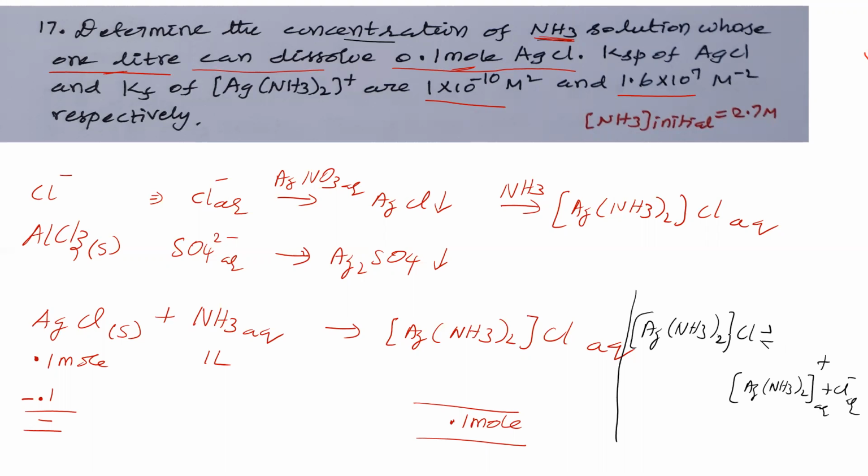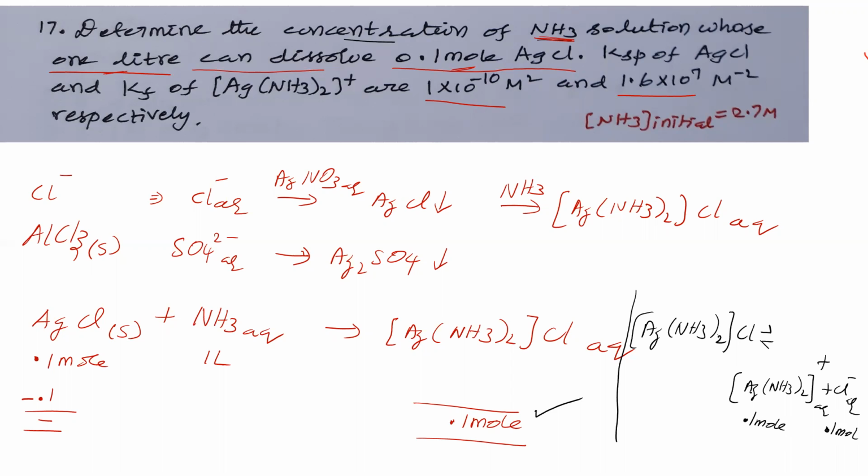This is the complex salt. They did not say to how much extent this salt is dissociating in the sum. Therefore, we will consider complete dissociation. This salt is 0.1 mole, and it is dissociating completely. Therefore, complex cation we are getting 0.1 mole, Cl minus we are getting 0.1 mole. Both we are getting 0.1 mole.